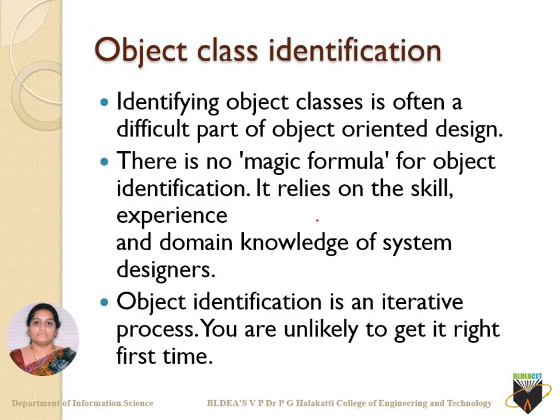Then come the object classes to be identified for this weather station. There is no formula for identifying these objects; it depends on how best you use your skill for this work. Object identification is a must, and common objects which have similar properties you group together and call a class.